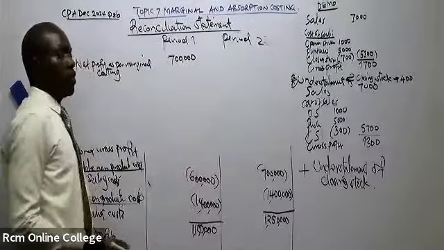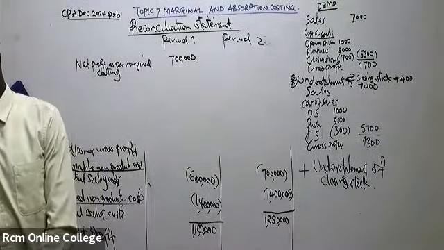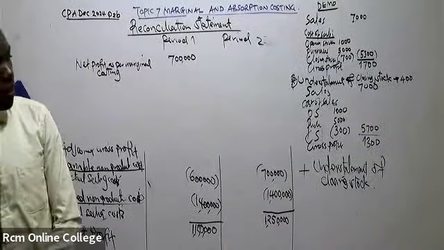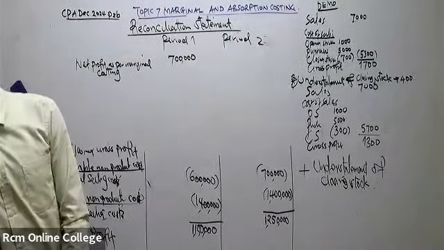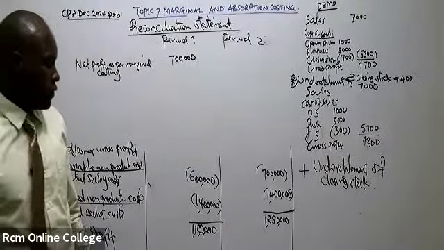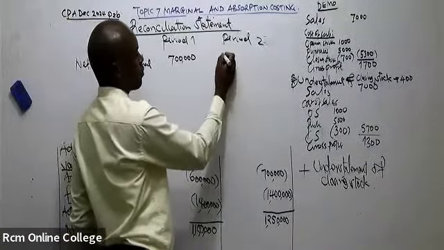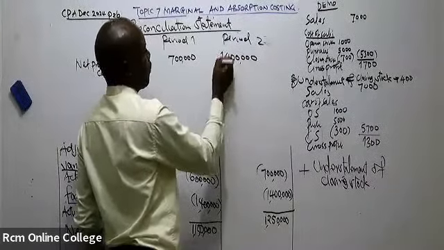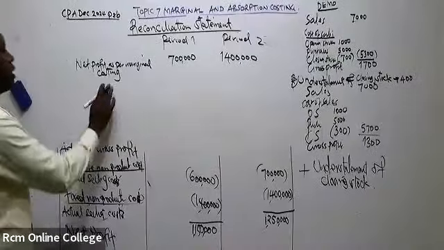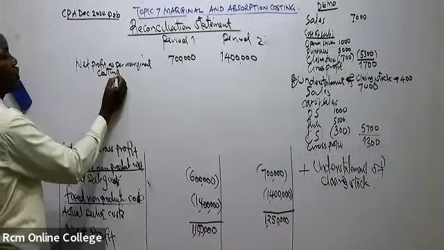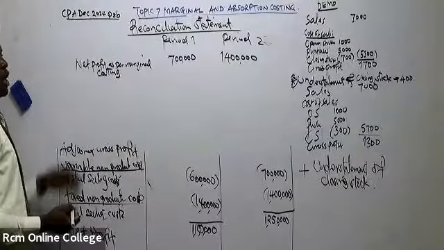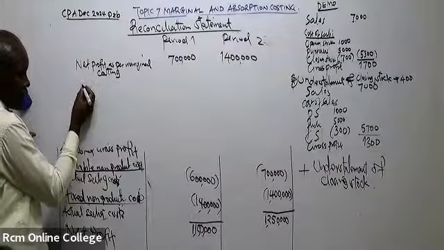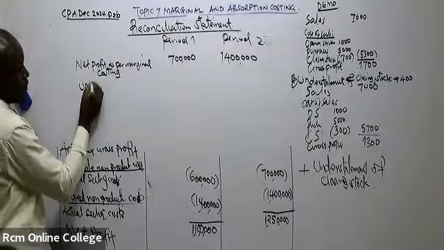For period 2, what was our net profit under marginal costing? 1,400,000. We have said something must have happened, right? So net profit as per marginal costing, we have said we look for understatement, right?